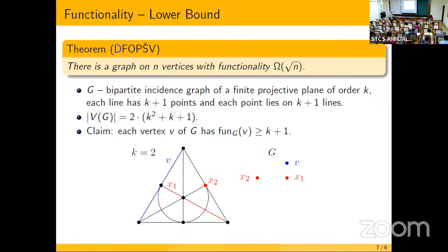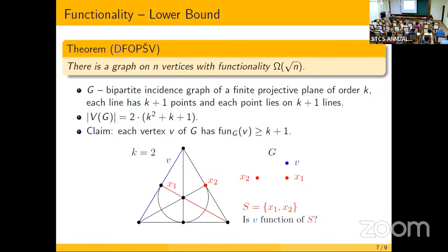On the left is the plane. On the right is part of G. So x1 is this line, x2 is this point. Because x2 does not lie on V, there is no edge between V and x2.